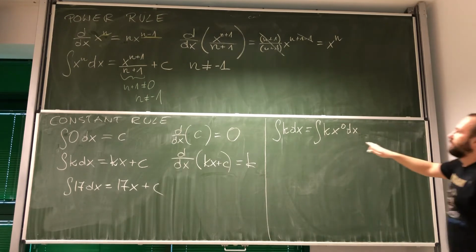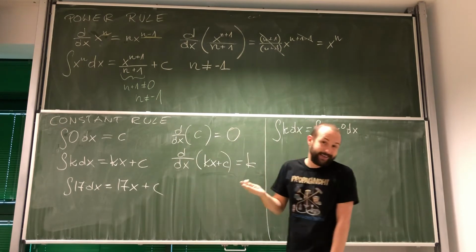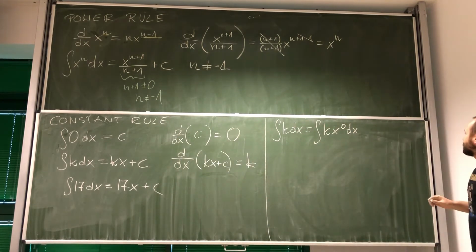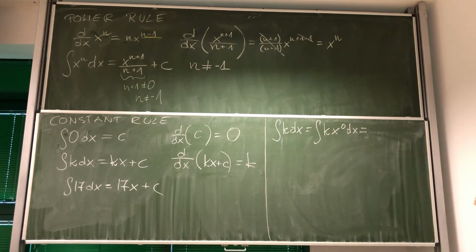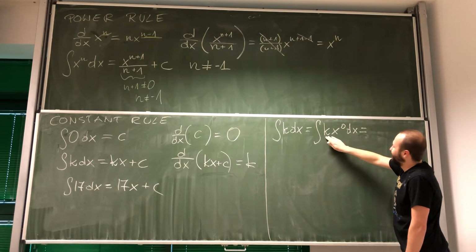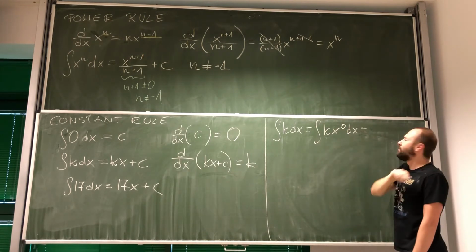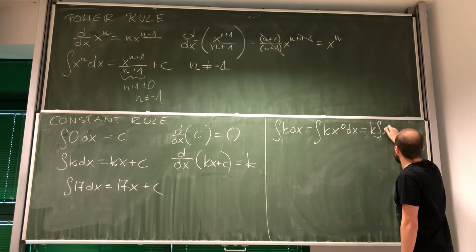Does it fall into this category? Yes, because 0 is different than -1. Okay, so look, by our rule, I haven't introduced one rule before that we can actually get this k out, but we will get to it a little bit later. Just trust me for now that we can.